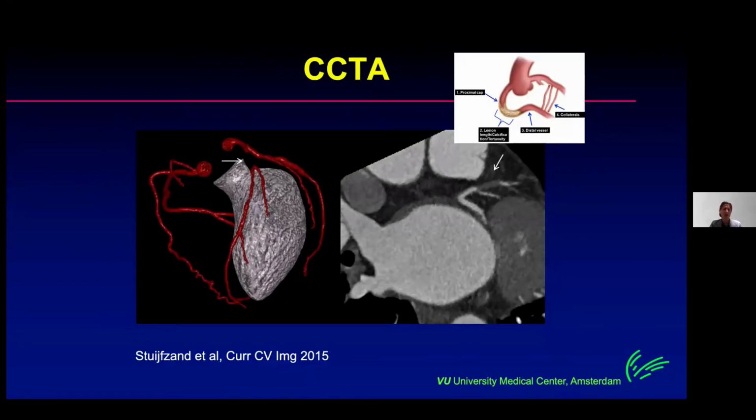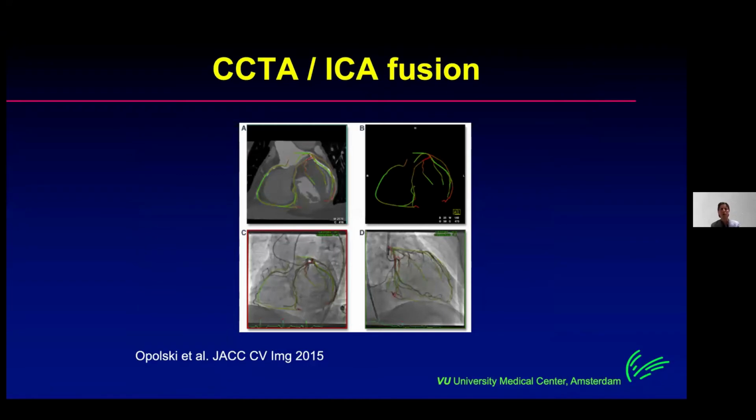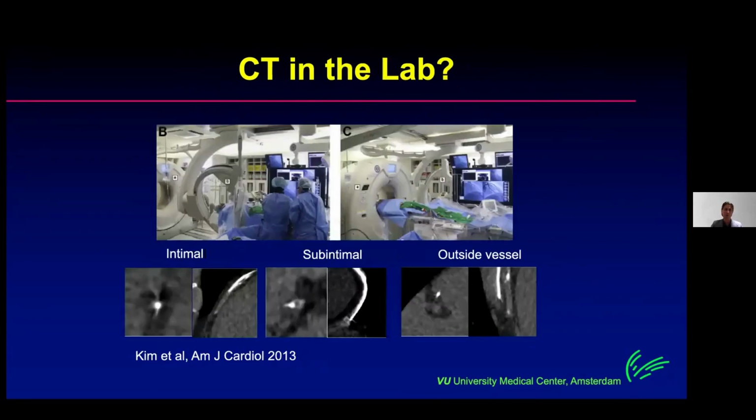Some things you cannot see by invasive coronary angiography, which you can see with CT-based angiography, like proximal cap, lesion length, distal target, etc. Also, nowadays we have the fusion imaging of CT-based coronary angiography in the cath lab, which allows you to navigate your wire through the lesions, whether obstructive or non-obstructive.